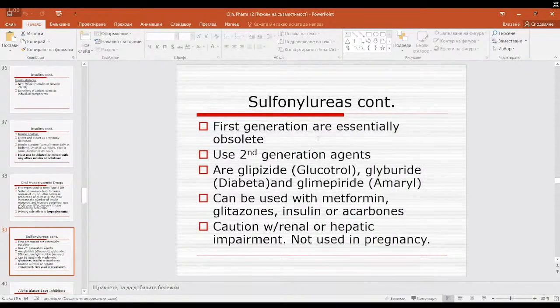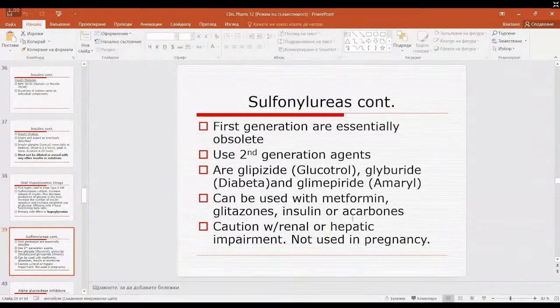The sulfonylureas are divided into first generation and second generation. We primarily use the newer generation of sulfonylureas like glipizide, glyburide, or glimepiride. Again, these are some trade names that you've probably seen.